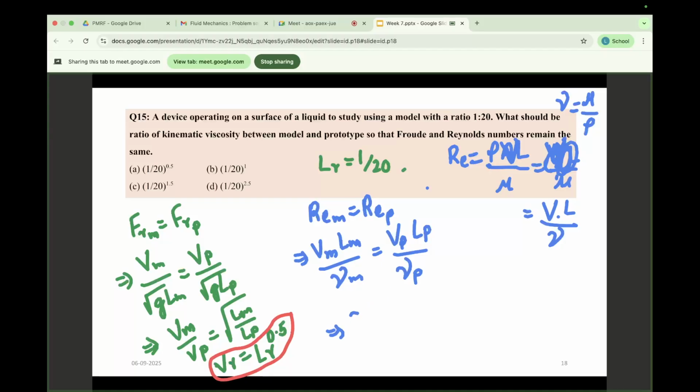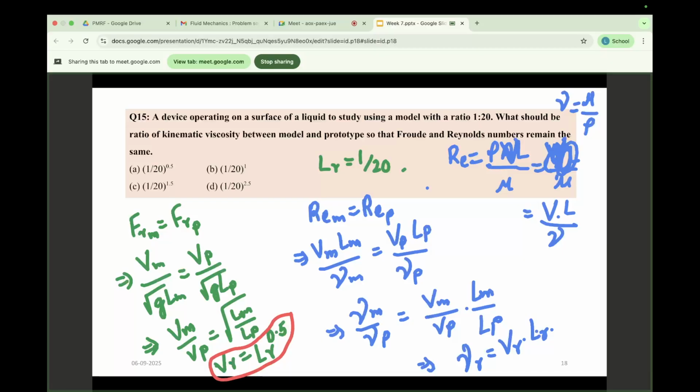So I can write nu of M by nu of P. This means V of M by V of P times L of M by L of P. So this ratio I can write as V of R into L of R. This V of R is L of R to the power 0.5.